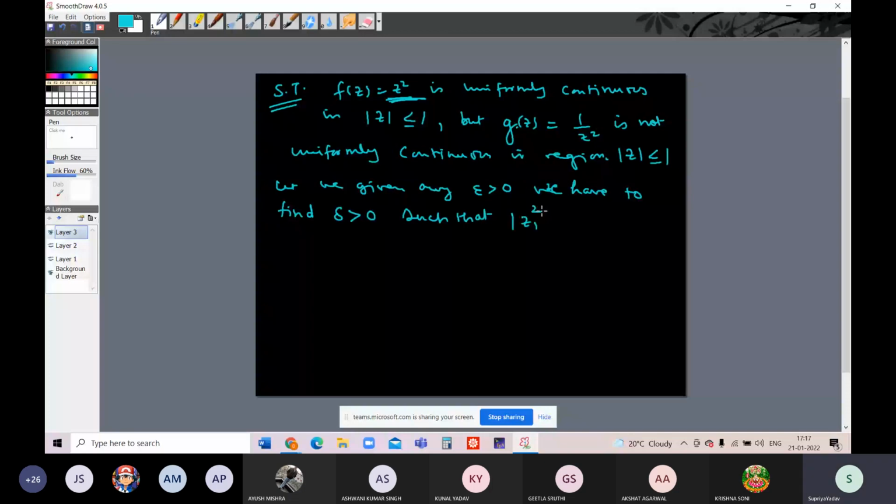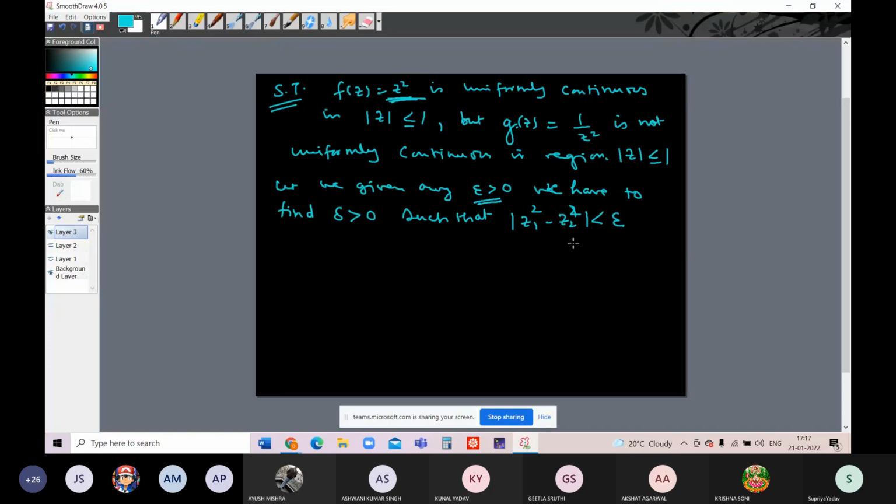So mod of z1 square minus z2 square is less than epsilon, and for this inequality we have to find a delta which is depending only on this epsilon, and we have to come to the inequality mod z1 minus z2 is less than that delta.